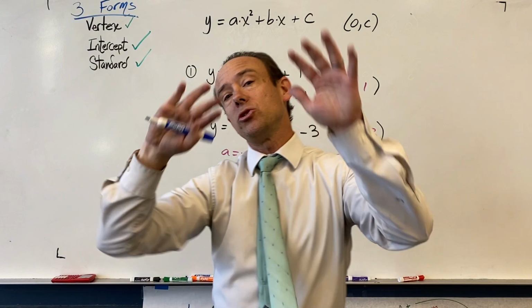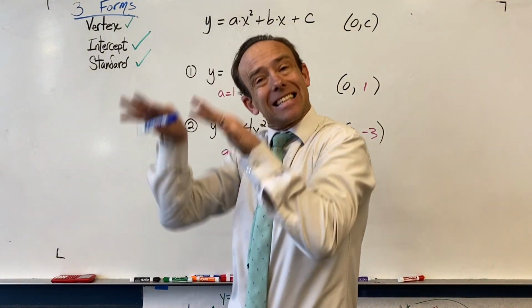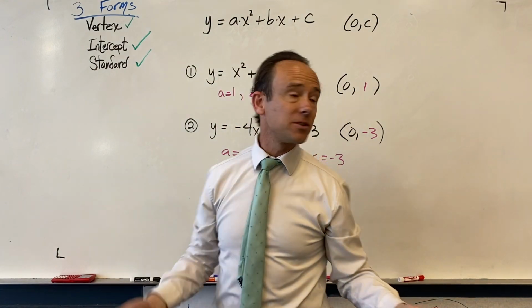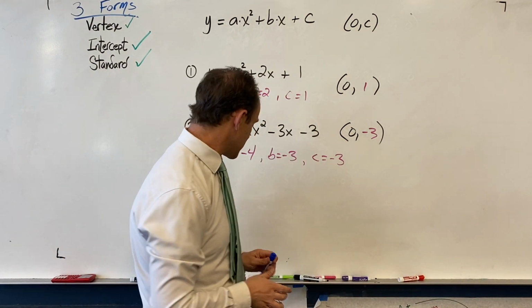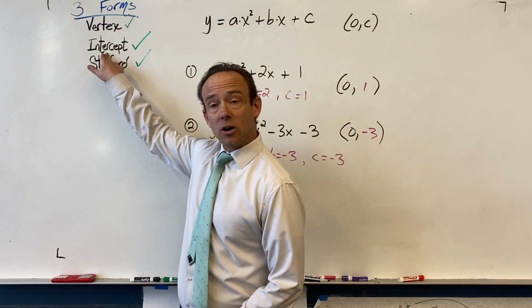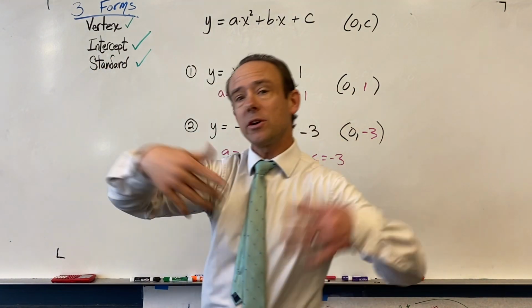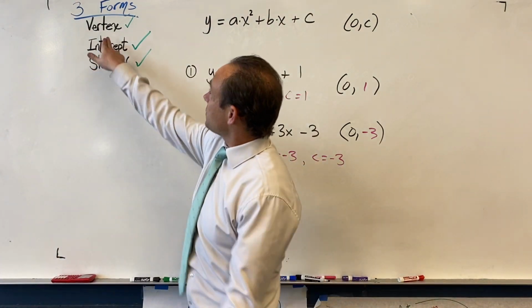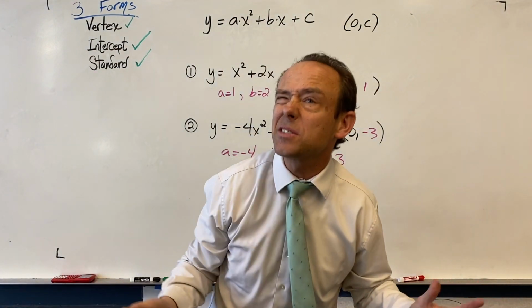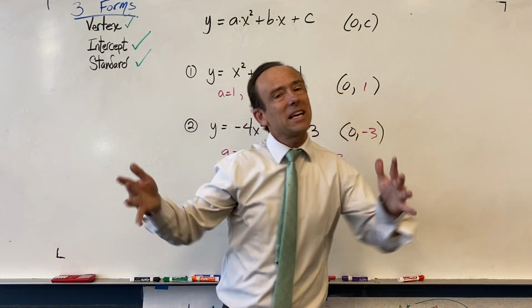Intercept form, you find the x-intercepts. And standard form, find the y-intercept without any calculation. Which also means that if you have intercept form and you want to find the vertex, it's going to require some calculation. If you have vertex form and you want to find the x-intercepts, it's going to require some calculation. But that's a different video.